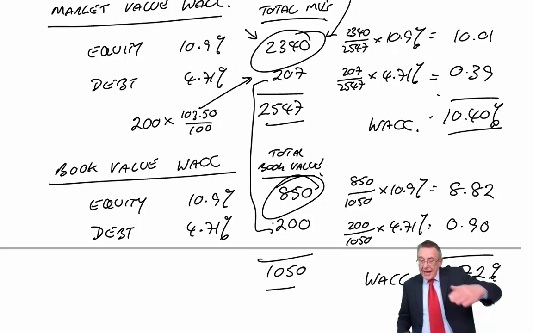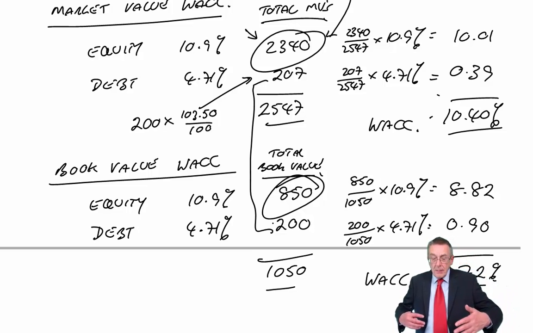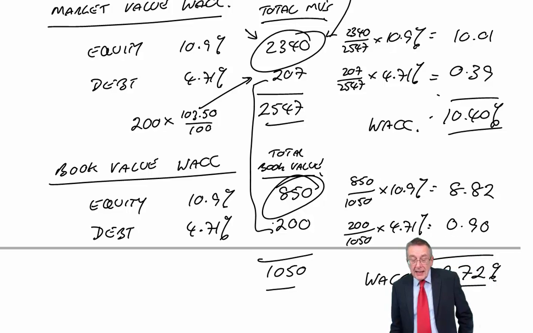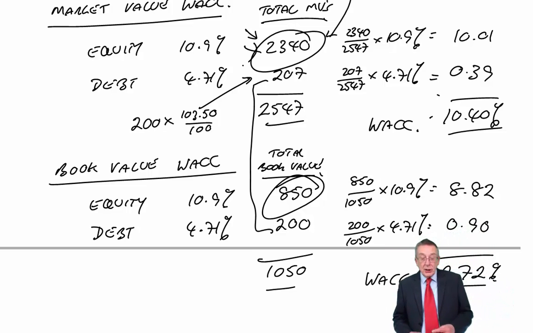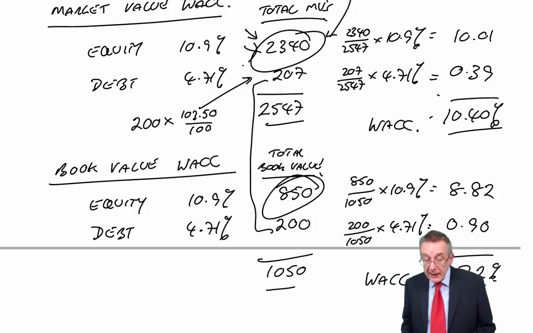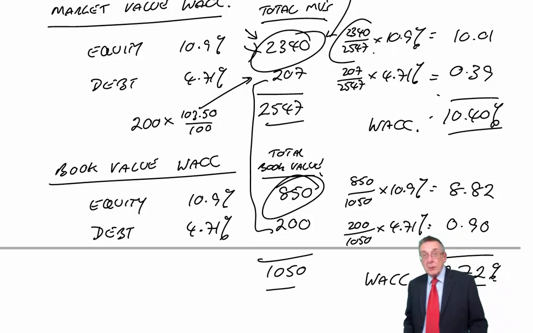And so with debt, there's not much difference. That's not much of a problem. But because equity's market value is always likely to be a fair bit more than the book value, it does mean that when you're basing it on market values, there's much bigger weighting given to equity.